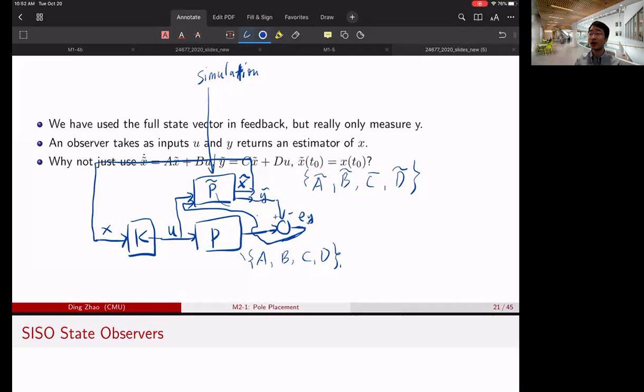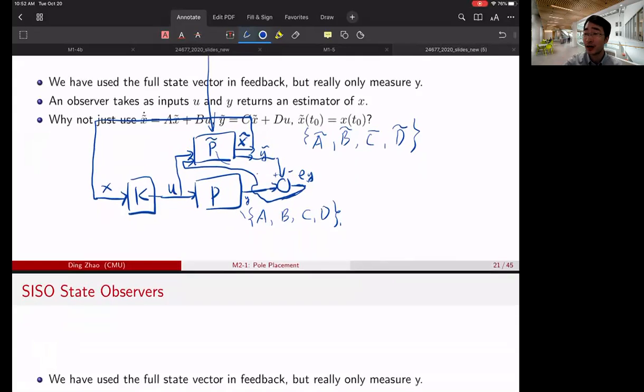But if this EY is large, that means my y and y tilde are different. That means these two systems are already different. So I want to use this error of y to drive the x tilde to x.